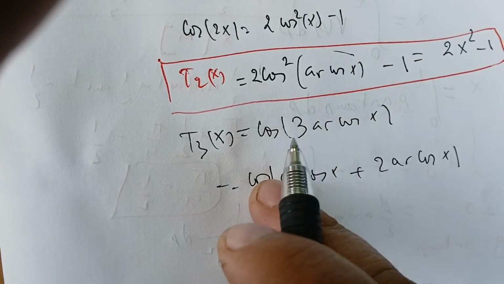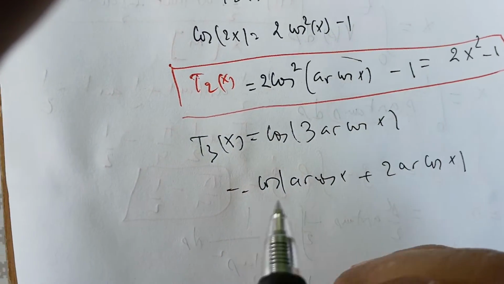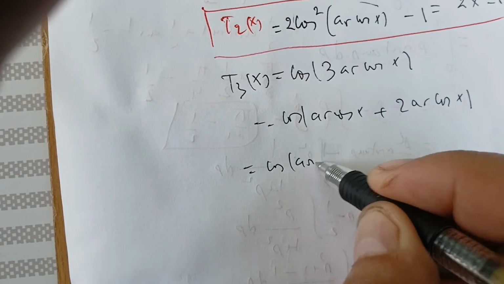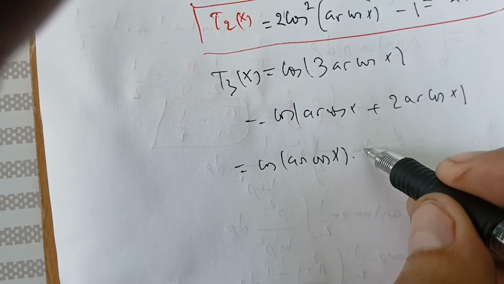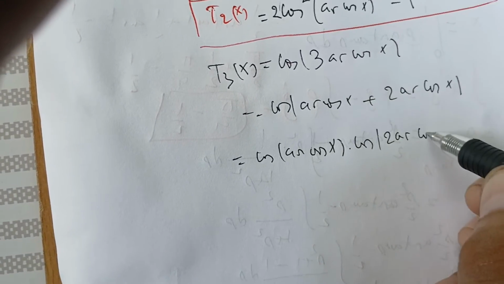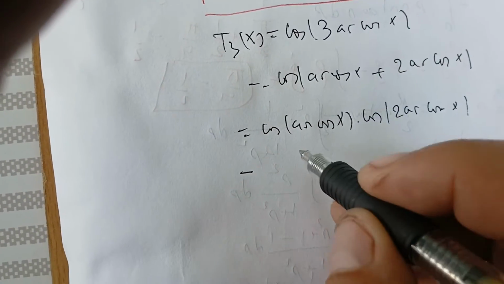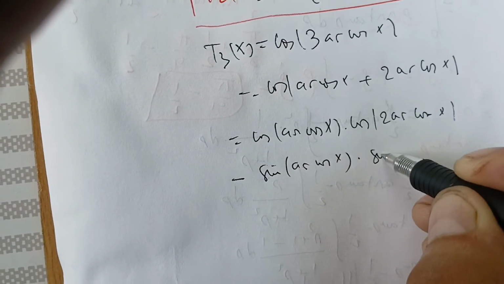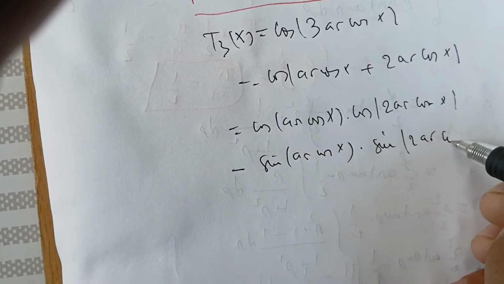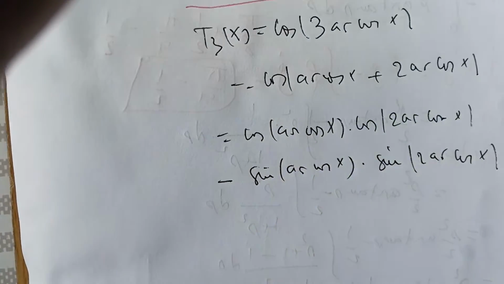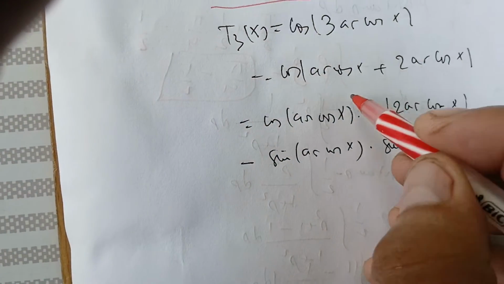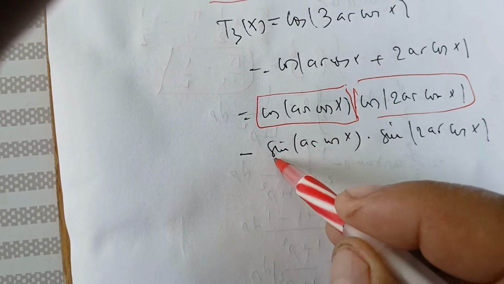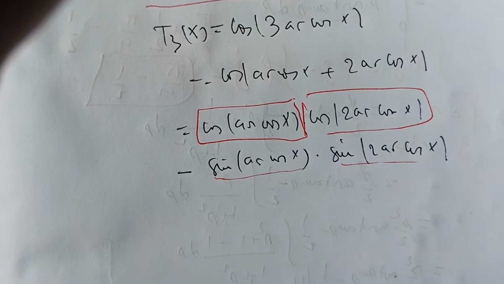Using the sum of angles for the cosine, we get cosine of arc cosine of x times the cosine of 2 arc cosine of x minus sine of arc cosine of x times the sine of 2 arc cosine of x. Here, we know the first from previous work, and we know this one too. But we don't know the sine of the arc cosine.